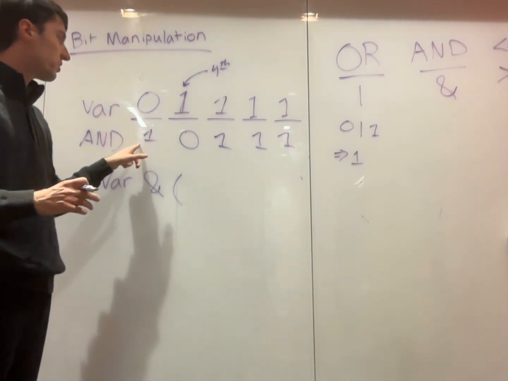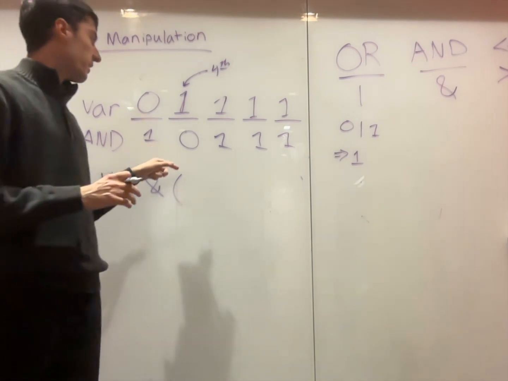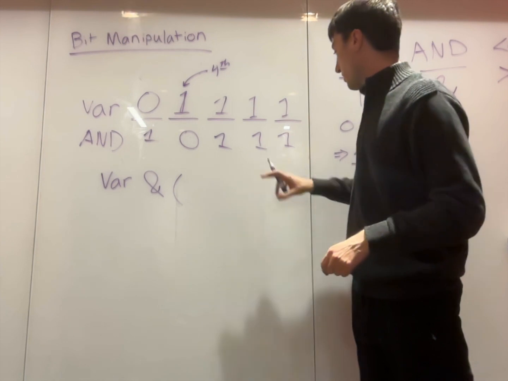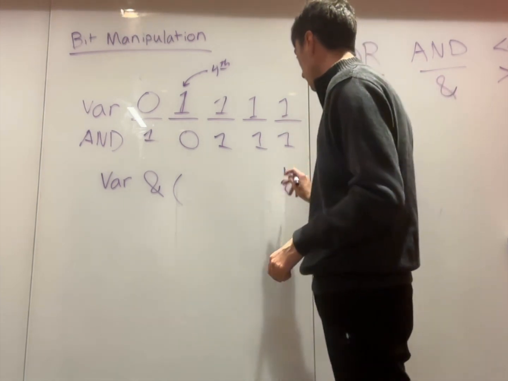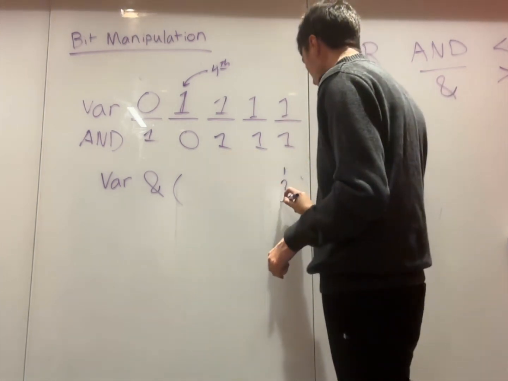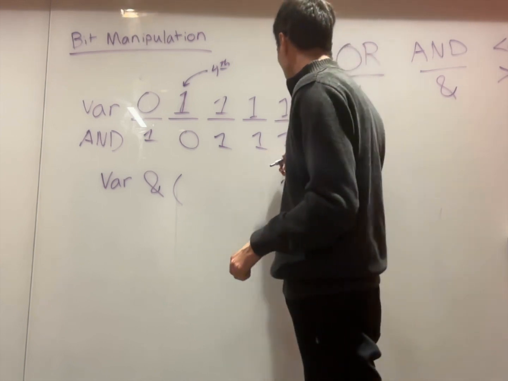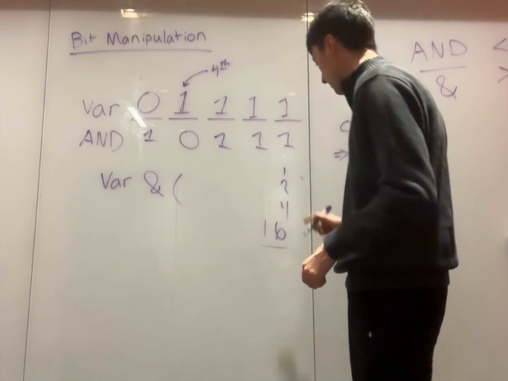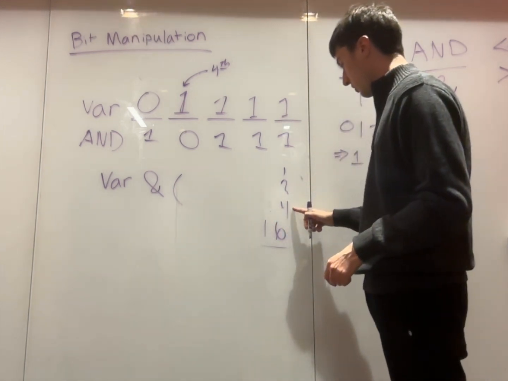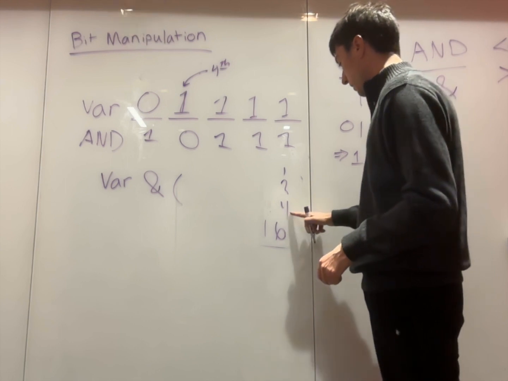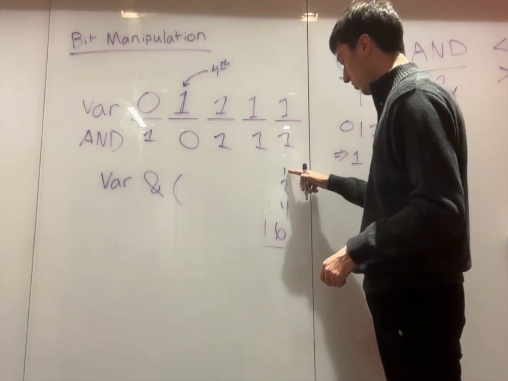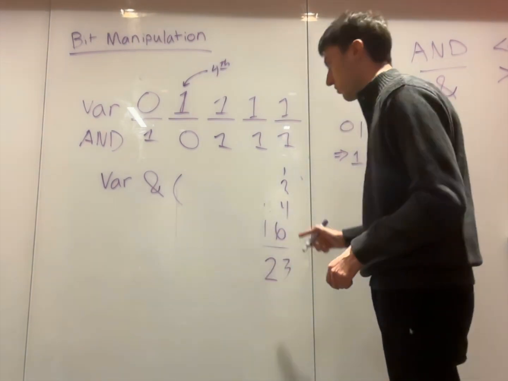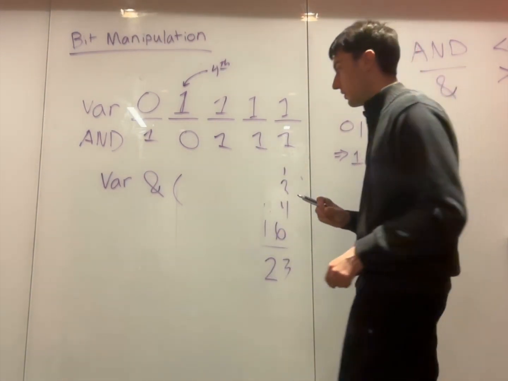So in this case, we know that we need, let's see, 1 plus 2 plus 4, 1, 2, 4, 8, 16, right? So 16 plus 4 is 20, and then 2, so 23. So 23 right here.